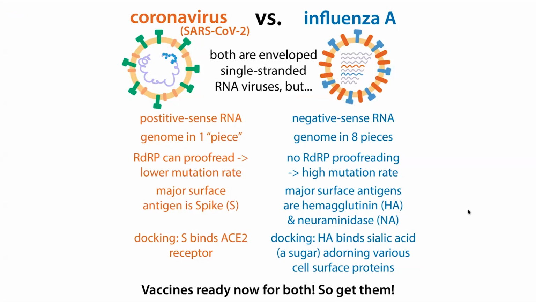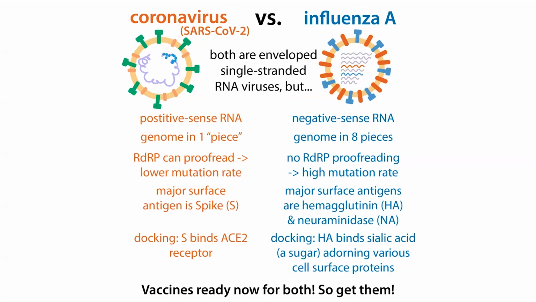I just want to do a quick comparison to the coronavirus, SARS-CoV-2. When we talk about a coronavirus, it's actually a whole family of viruses, but SARS-CoV-2 is the one that everyone's referring to when they say coronavirus these days.